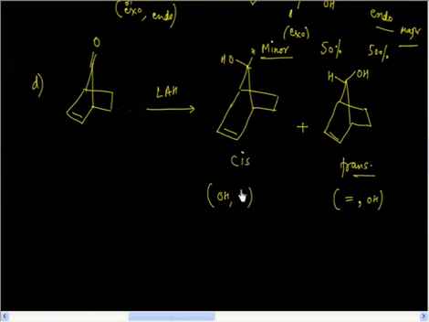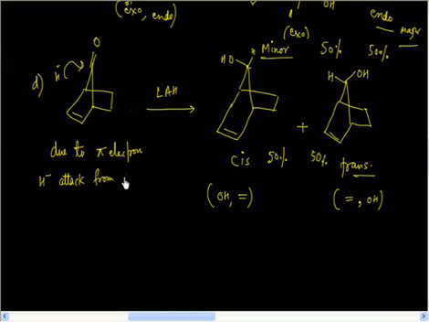Now theoretically again one can expect that the ratio should be 50% and 50%, but this is not actually the case. You see, H minus attack from this side is not favorable because of the pi cloud of this double bond. So due to the pi electrons, H minus attack from the double bond side is less.